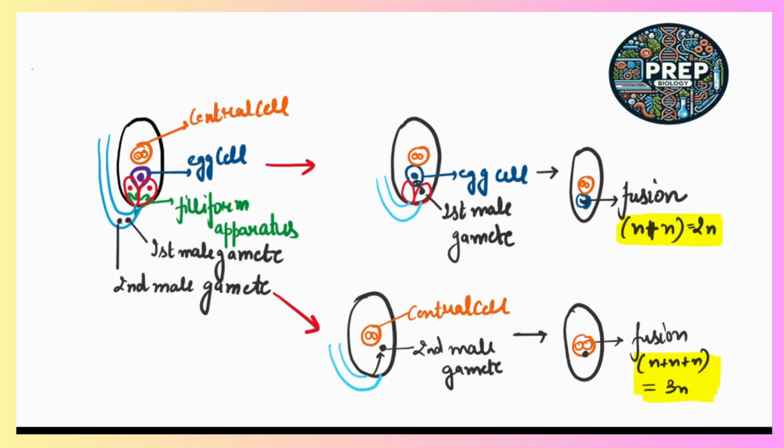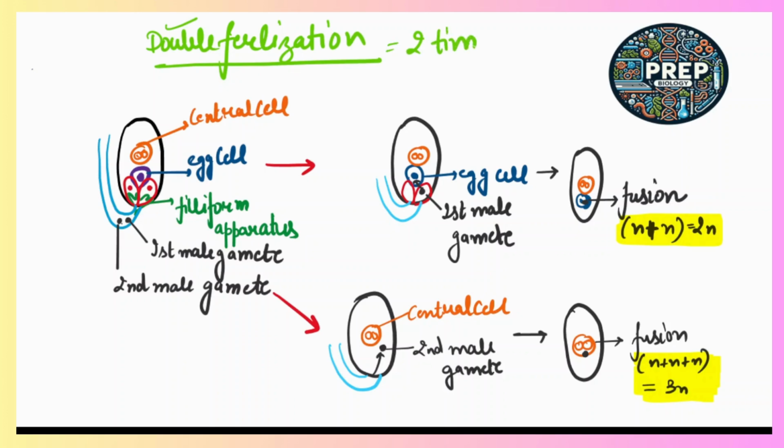This is the diagram of double fertilization. As the name suggests, double means fertilization occurs two times in the embryo sac. Let's discuss step by step. The first step: this is the first male gamete and this is the second male gamete.